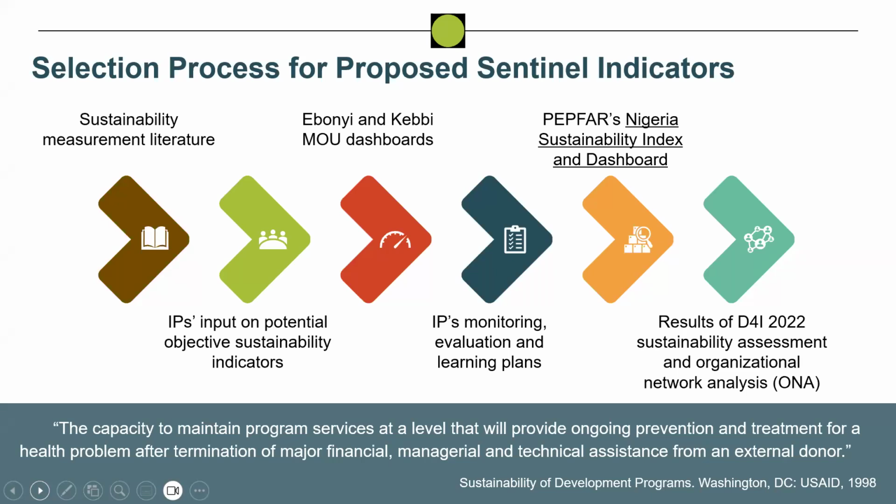We also looked at implementing partner monitoring, evaluation, and learning plans, and PEPFAR's Nigeria Sustainability Index and Dashboard, again, looking at the domains and the indicators that they were using. And then we looked at the results of our 2022 sustainability assessment and organizational network analysis, also conducted in 2022. Next slide.